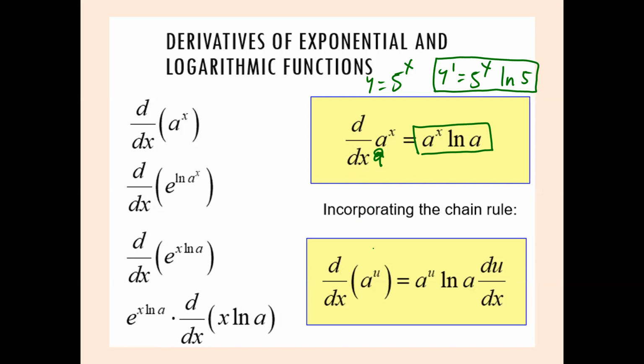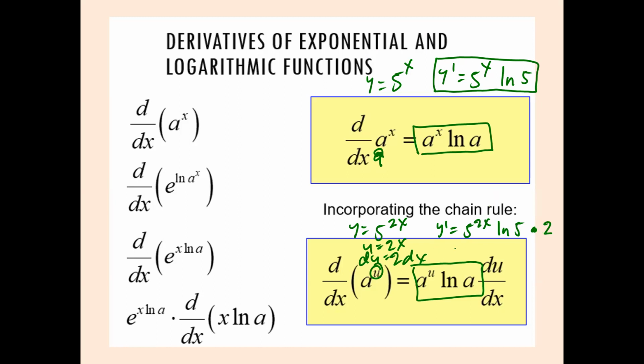But, kung meron tayong function u, so for example, y is equal to 5 raised to 2x. So, ang u natin dito ay 2x. Ang du natin ng 2x ay 2dx, correct? So, ipag-times nyo lang siya dun sa baba natin. So, y prime is equal to the same formula pa rin, 5 raised to 2x ln 5 times, what is du? 2.